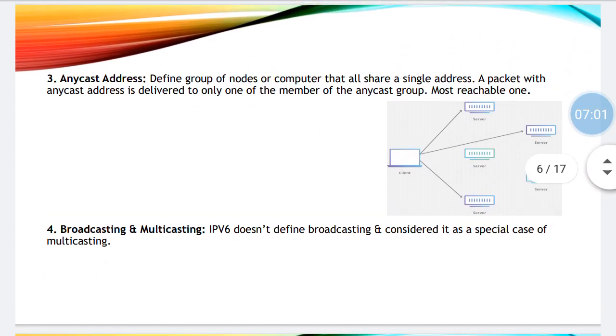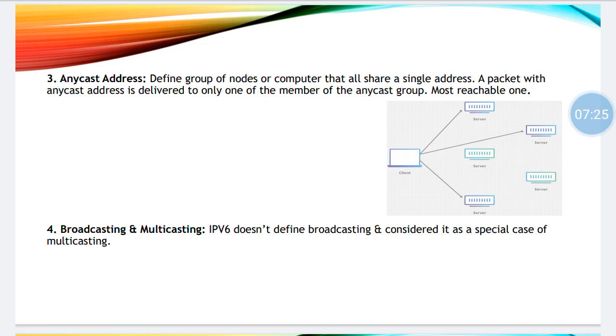Coming to anycast address. Anycast address is an address that can be assigned to more than one device. In other words, multiple devices can have the same anycast address.